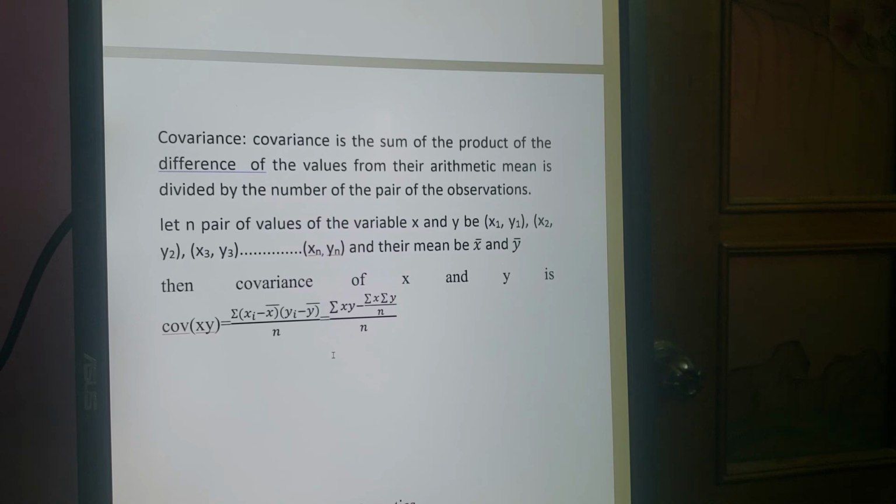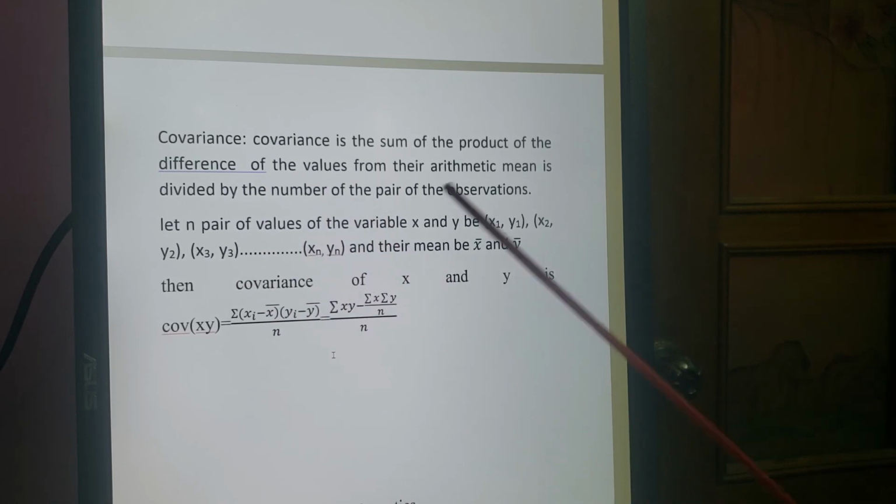Now covariance. Covariance is the sum of the product of the differences of the values from their arithmetic mean divided by the number of pairs of observations. Let n pairs of values of the variables x and y be x1, y1, x2, y2, x3, y3, xn, yn.